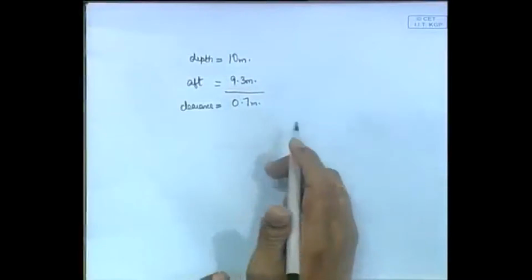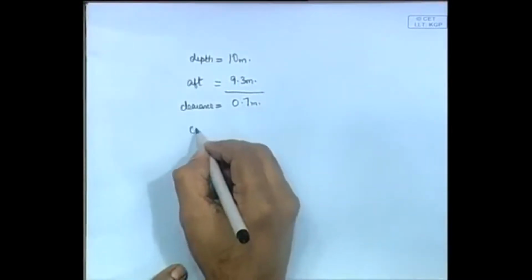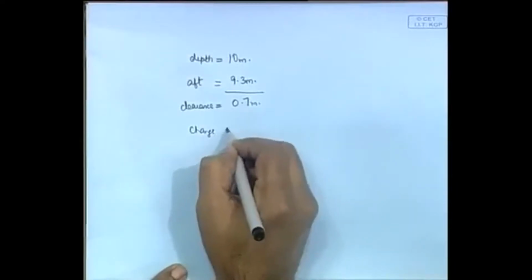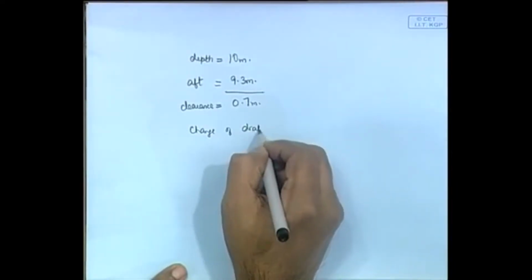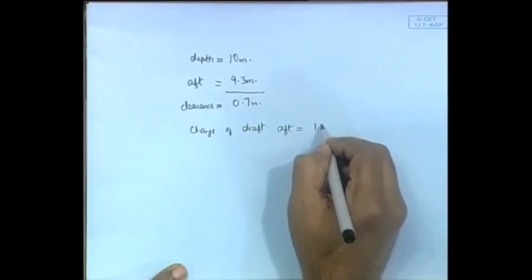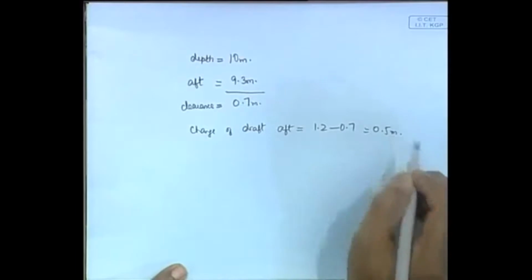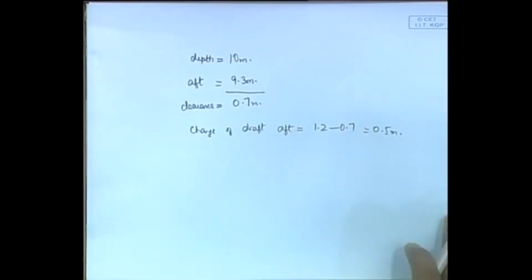So now we have this clearance of 0.7. Therefore we can say that the change of draft aft is equal to 1.2 minus 0.7, which is 0.5. So instead of just saying it's 1.2 meters, it actually is 0.5 meters. That is the only trick in this problem.